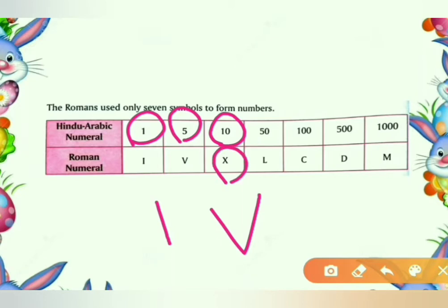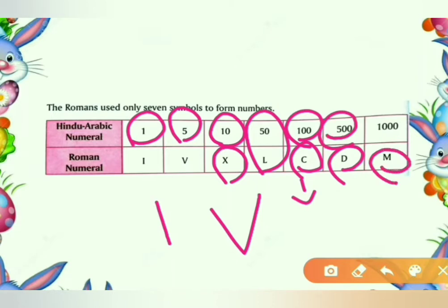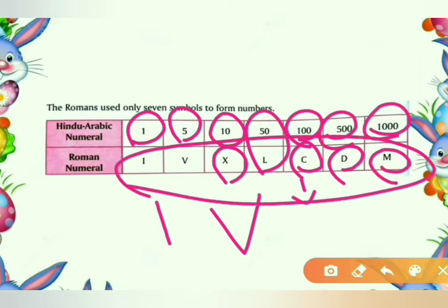And L stands for 50. C means century, and obviously we know the value of a century is 100. And then D for 500, M for 1000. You should not change this order, boys. And I tell you one small hint to remember this.